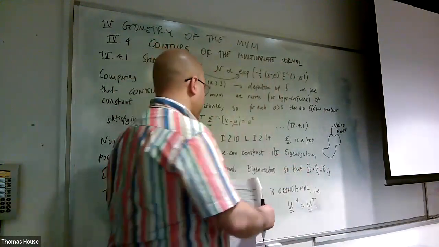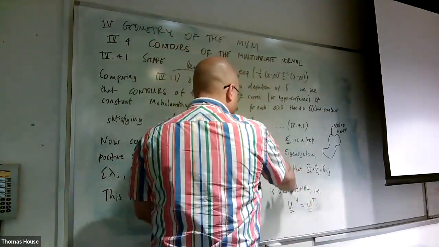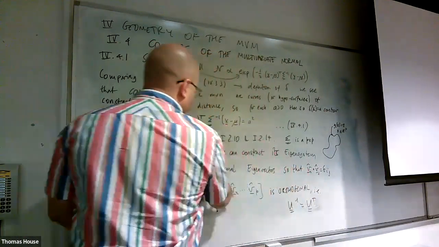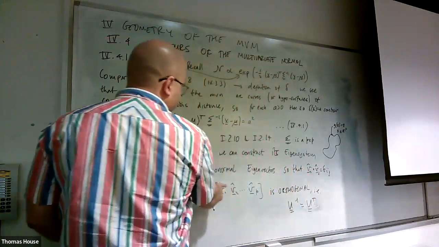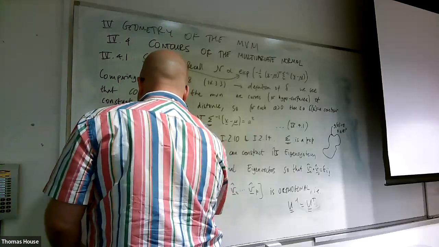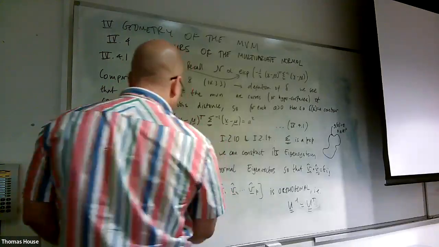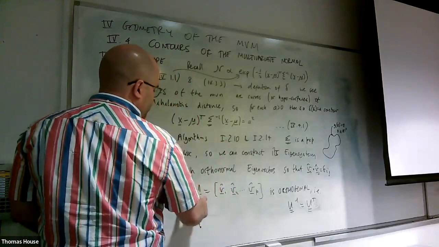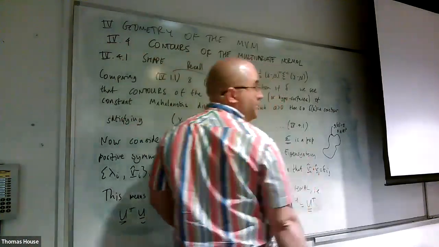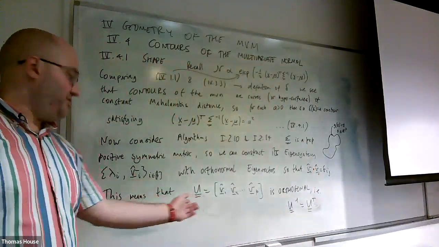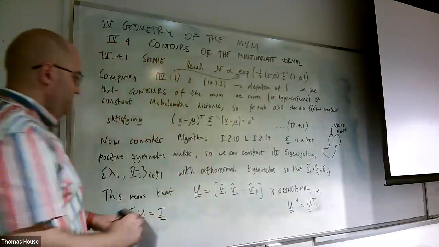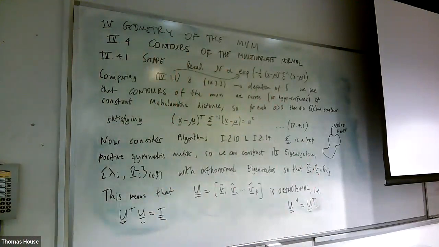When you matrix multiply it by its transpose, it's going to look like these things as rows times the other one as columns. So when you do matrix multiplication, you're only going to get diagonal elements, right? So that's going to be I, and that's sufficient for U transpose to be the inverse of U.